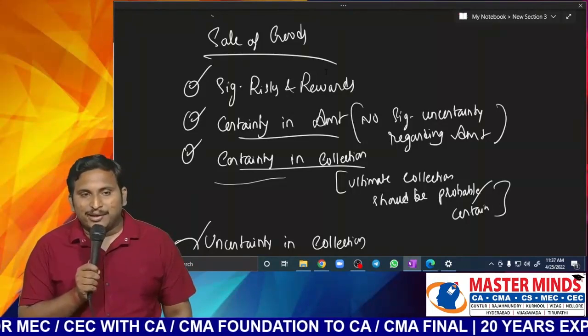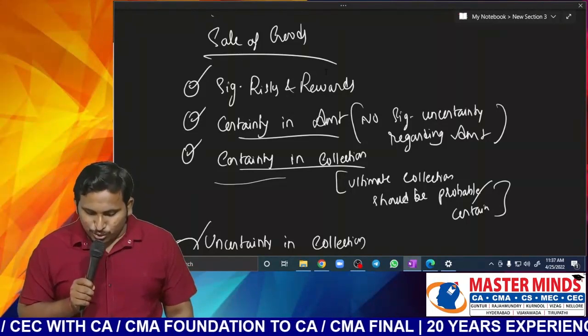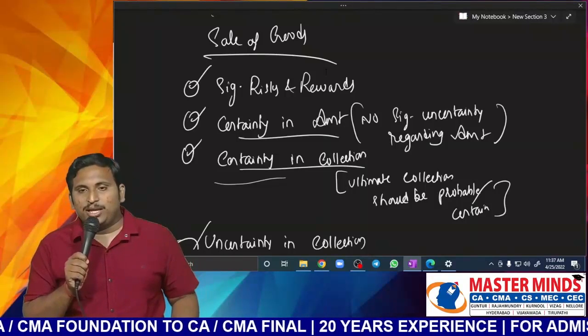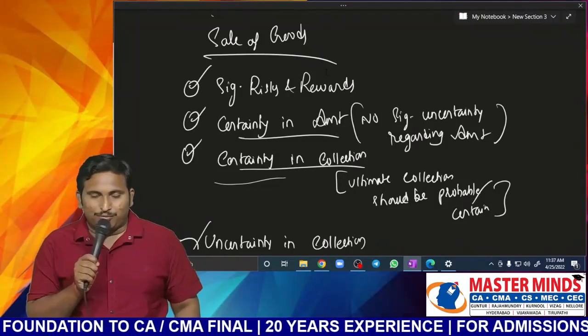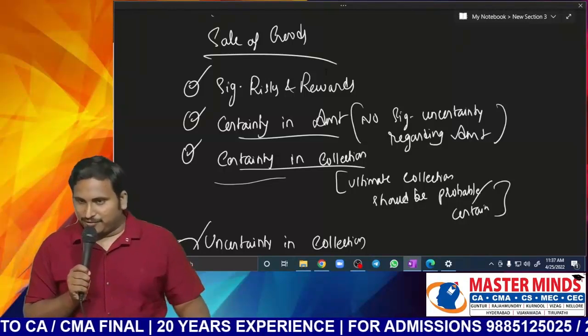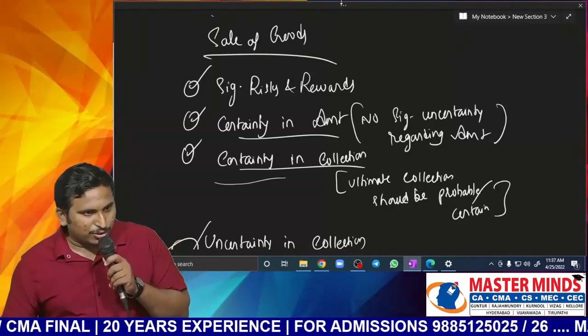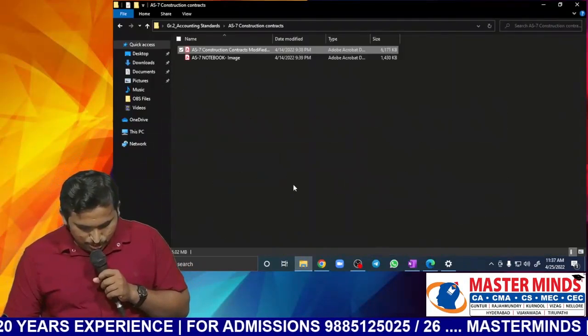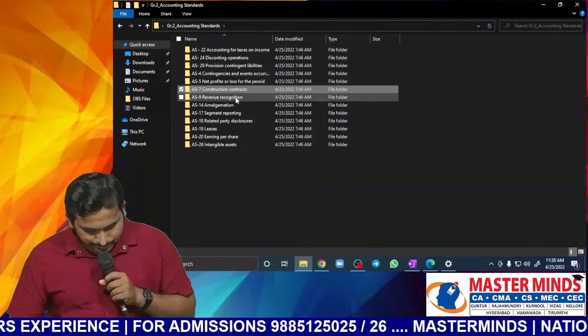But there are different scenarios where you should know how risks and rewards are said to be completed, when they are said to be complete, or when revenue should be recognized. For learning these things, we have different scenarios. Let us go and look at those scenarios. Are you all understanding, sir? Okay, right. So let me move to those different scenarios.